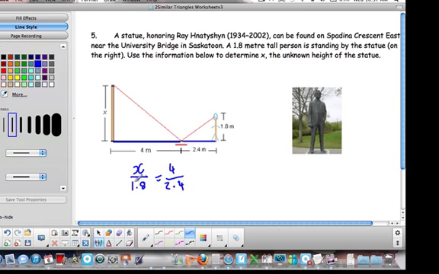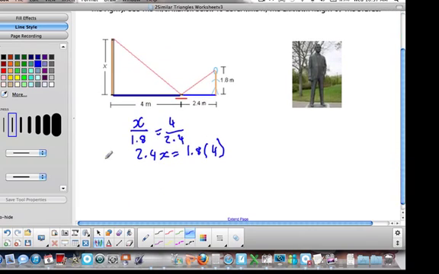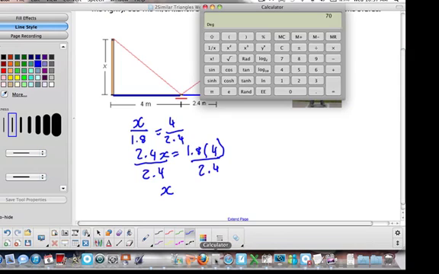We're going to cross multiply. That'll be 2.4x is equal to 1.8 times 4. Divide both sides by 2.4. And we get x is equal to 1.8 times 4, and then divided by 2.4.